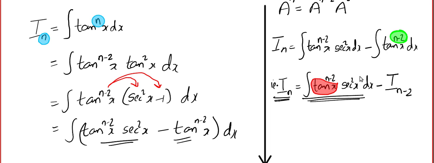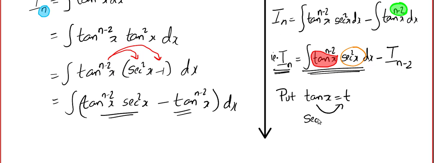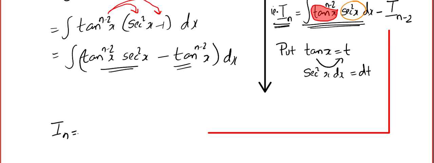Yeah, in such cases what we do is we go for substitution method, that is we put tan x is equal to t, and if you put tan x is equal to t, then we get sec square x dx is equal to dt, and that means In is equal to, look at this, integral t to the power n minus 2, because tan x is t, and dt, minus I n minus 2.